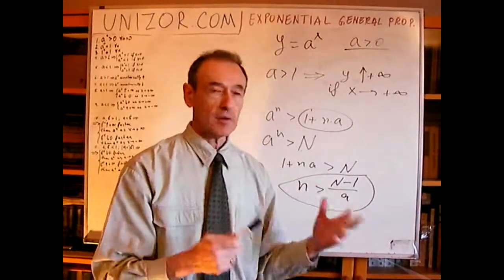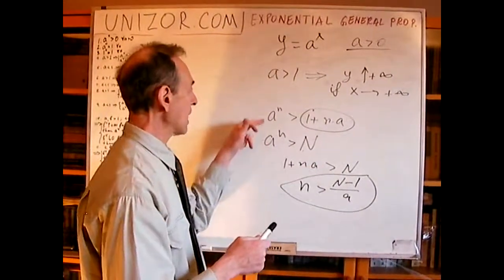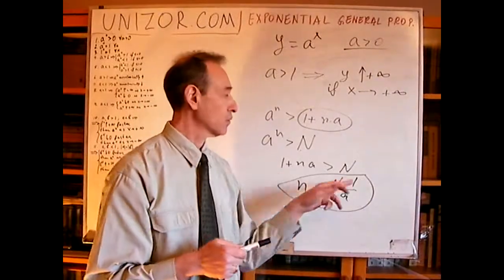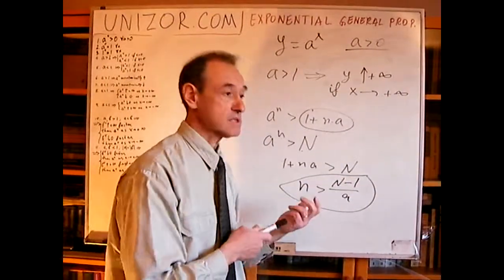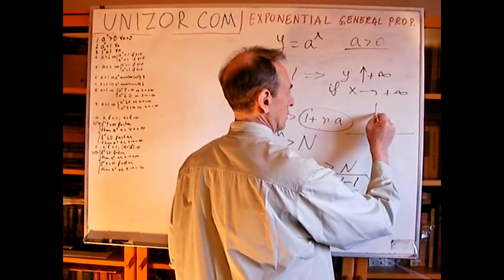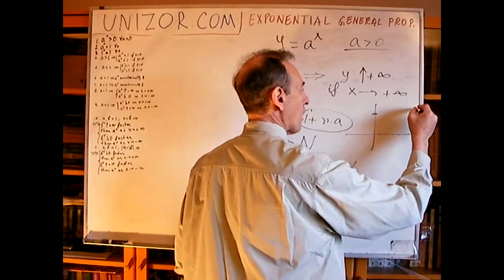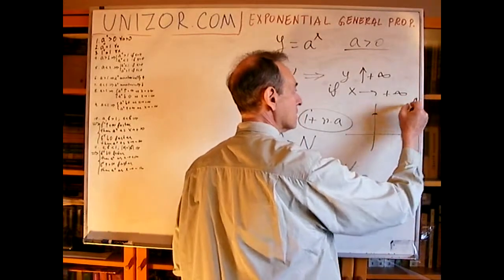So for any number N, I can find lowercase n such that a to the power of lowercase n will exceed it. Which means that for any level, I eventually will find the point where a to the power of n will exceed it.